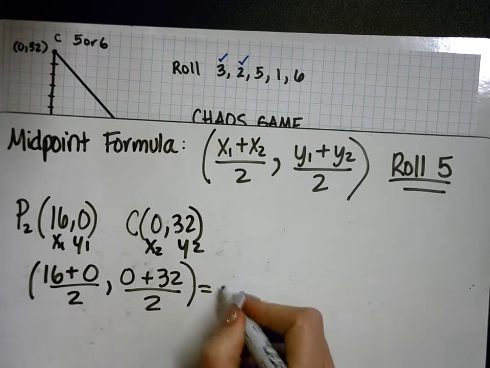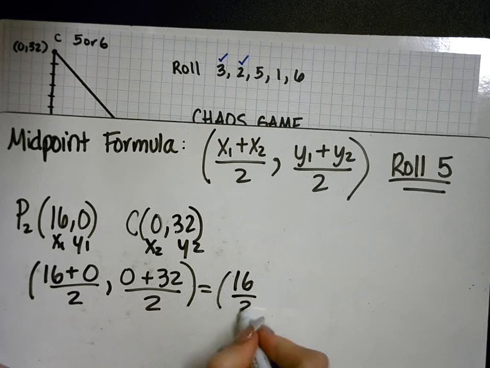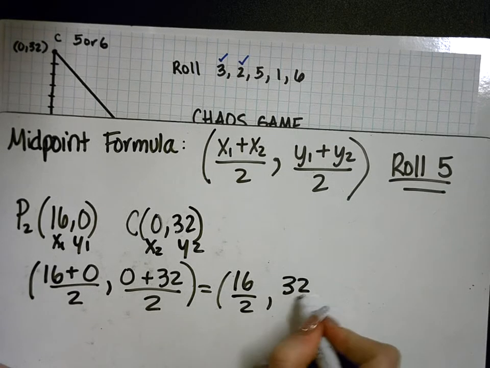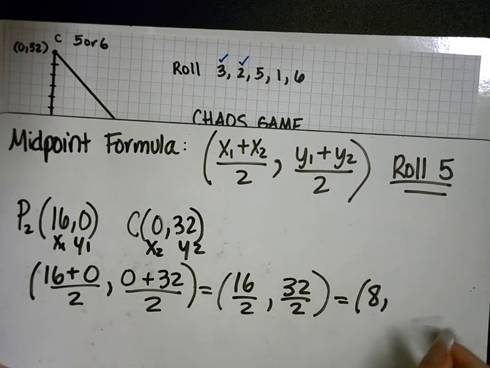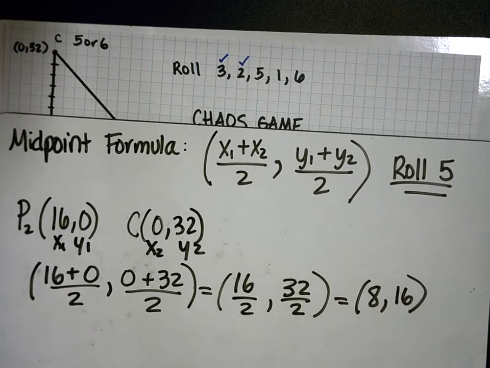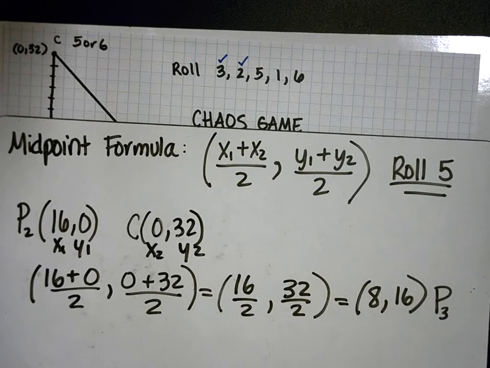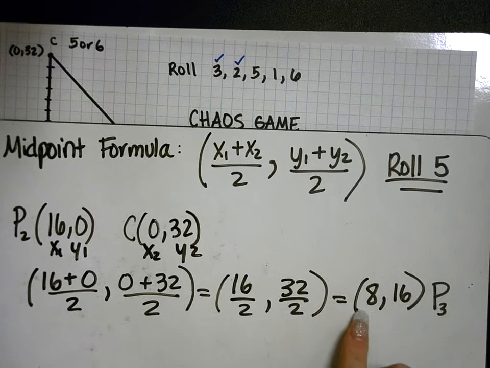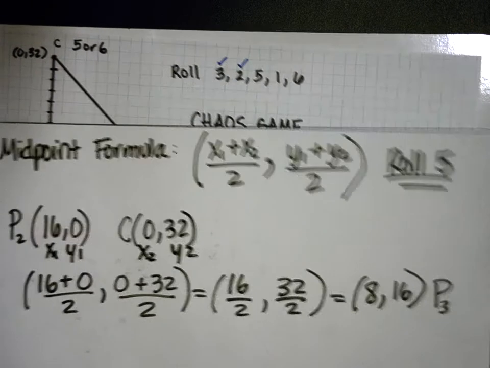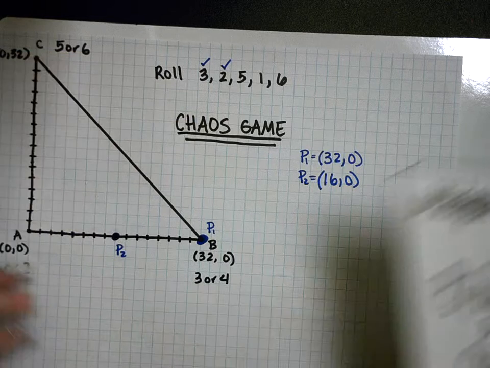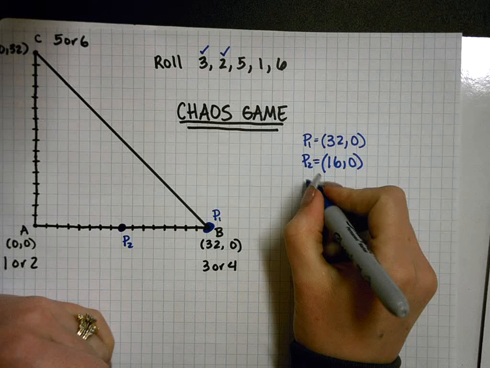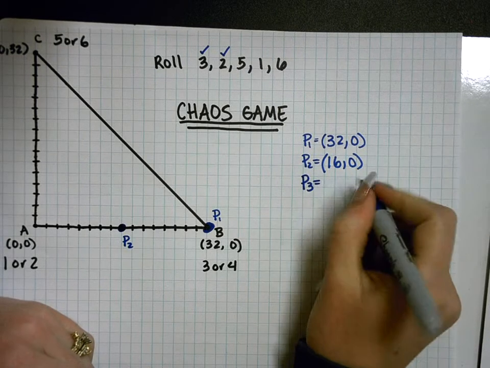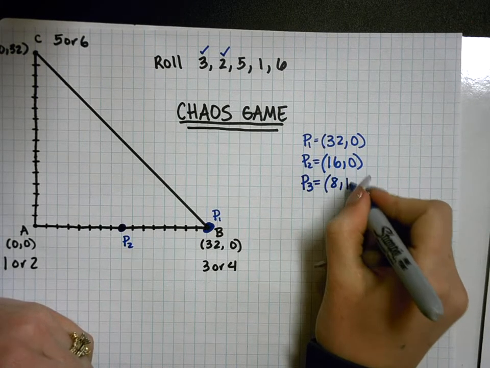So 16 plus 0 is 16 divided by 2. 0 plus 32 is 32 divided by 2. And 16 divided by 2 is 8. 32 divided by 2 is 16. So this tells me my third point. This is P3. My third point is going to be 8, 16, where the x part is 8 and the y part is 16. So I'm going to go here to my example. My third point, P3 equals 8, 16.